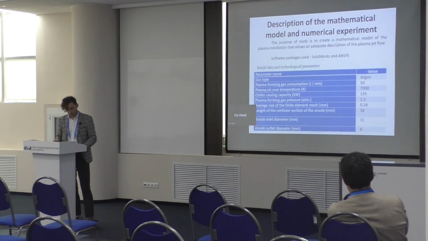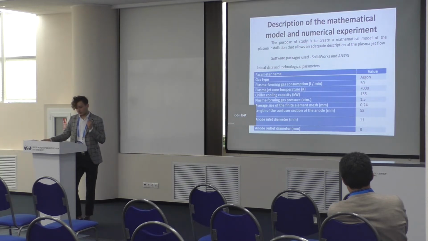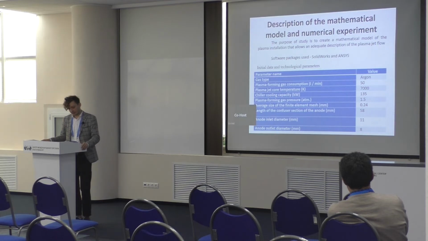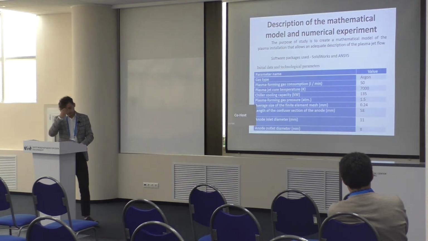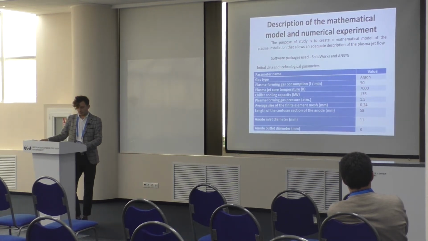An important task is to define the influence of the parameters of the plasma jet on the final products. The goal of the study is to create an objective computer model of the plasma installation to allow an adequate description of the plasma jet flow.